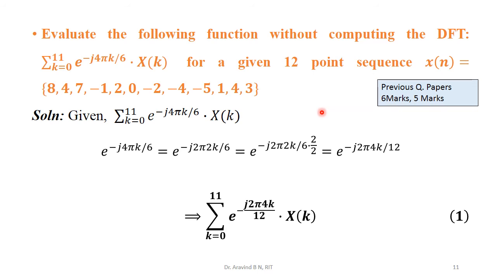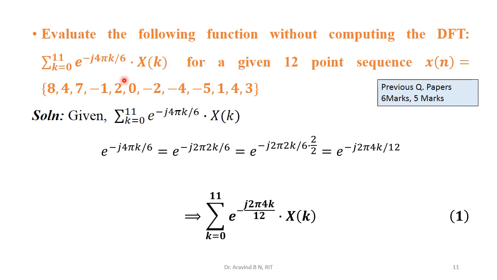Remember, the procedure remains the same as the one we have just solved, but the number of points of the DFT is a little bit different. Here a 12-point sequence is given, and the sequence is directly represented, and this expression is also given. So these are the three given parameters.